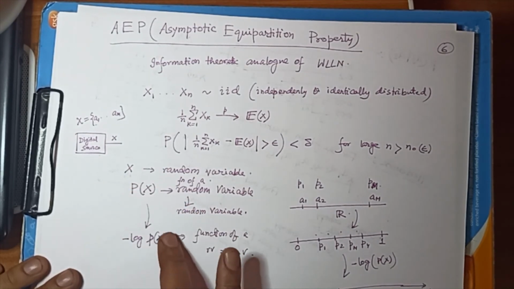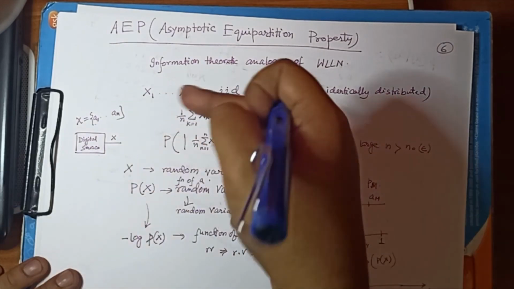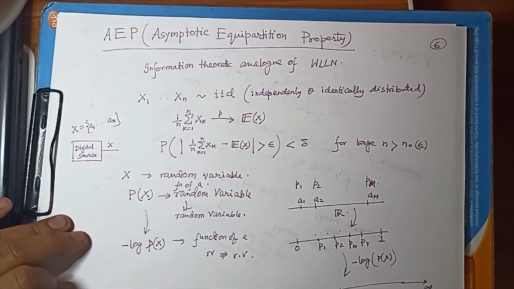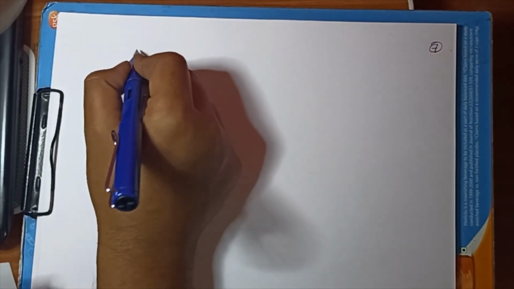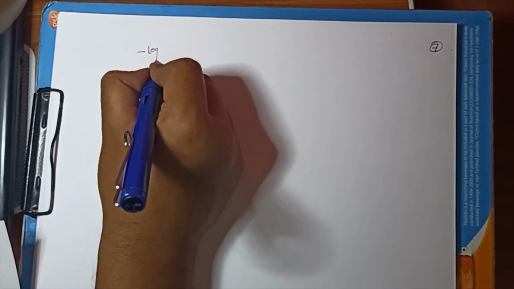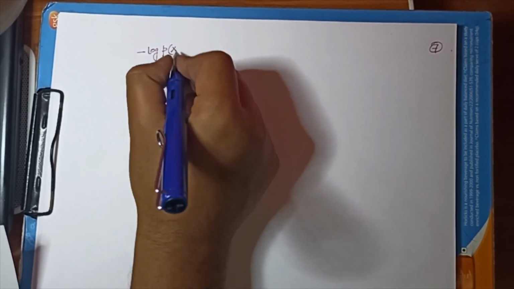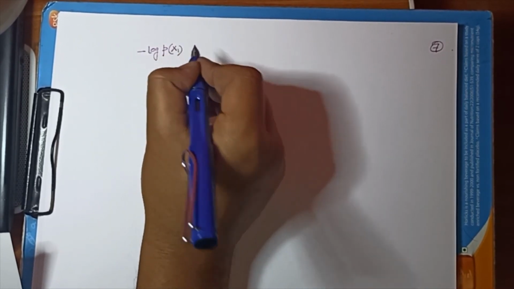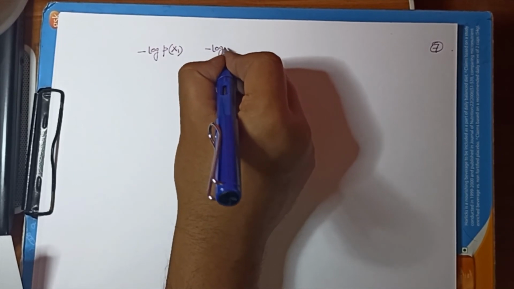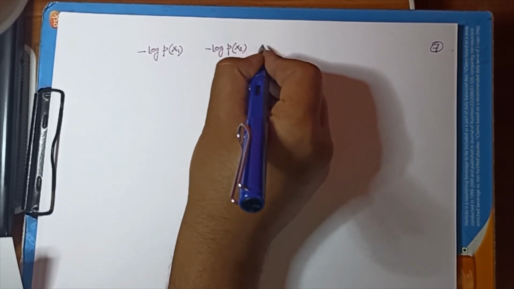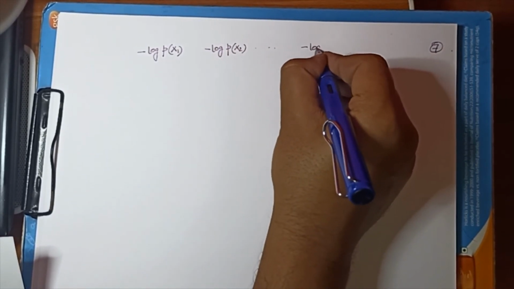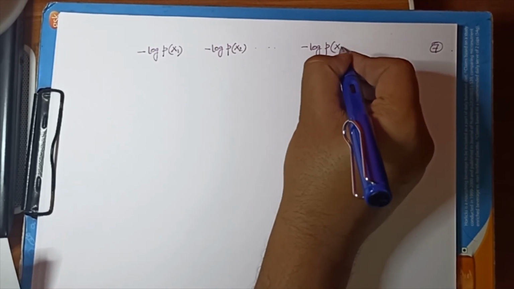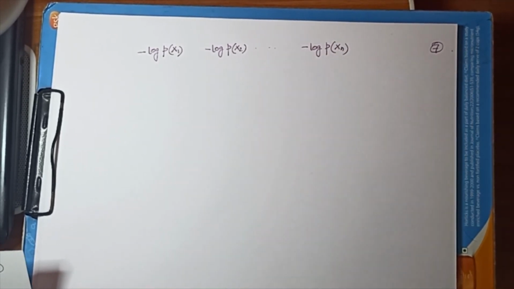Okay. Now on this random variable, I apply the weak law of large numbers. Then see what happens. On these random variables, minus log p(x1), minus log p(x2), up to minus log p(xn), I will apply the weak law of large numbers.